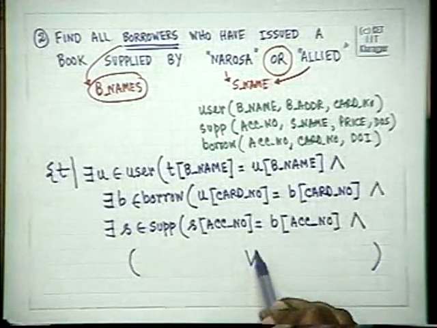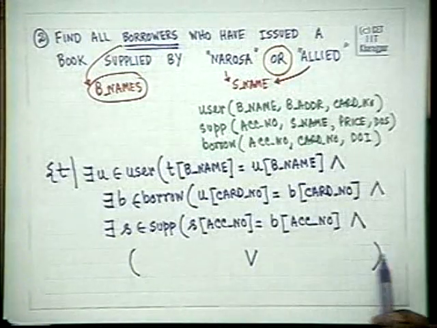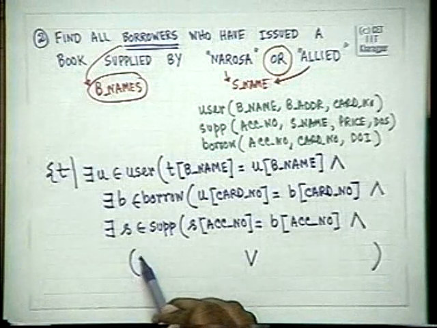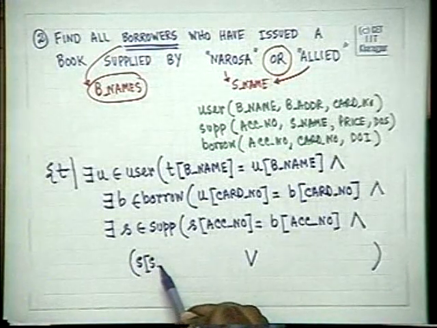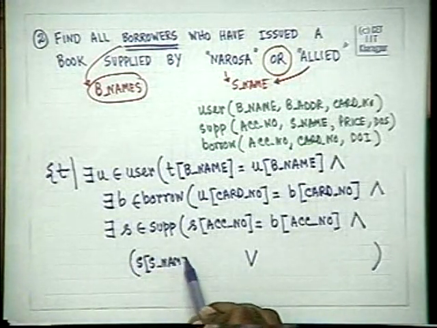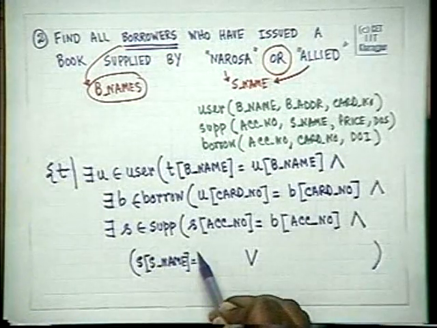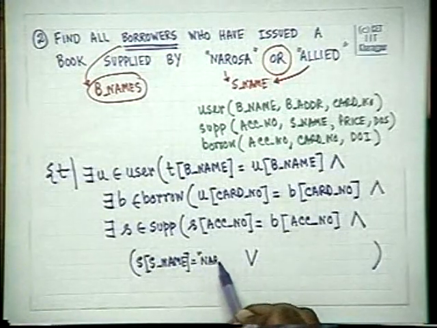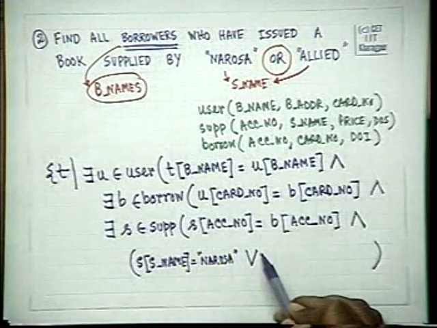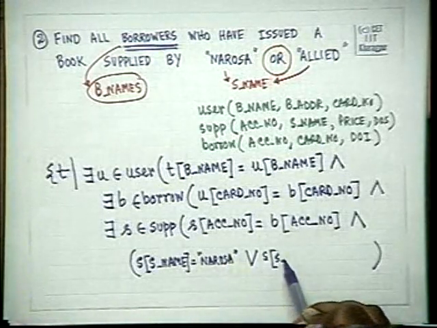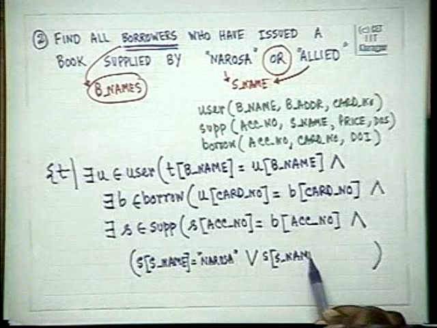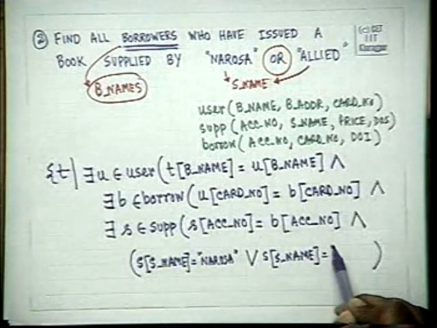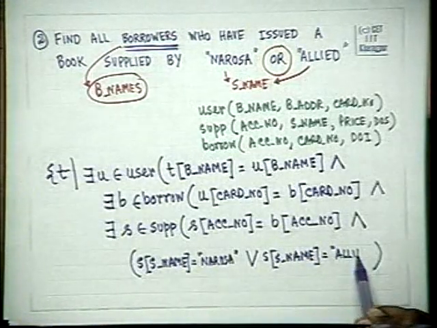So we will have something or something. What is this? We will have S of S name equal to Narosa, or S of S name equal to allied.